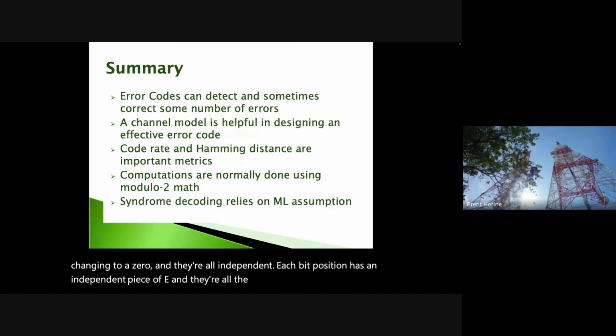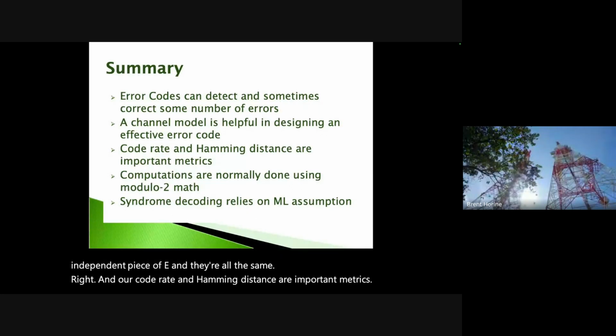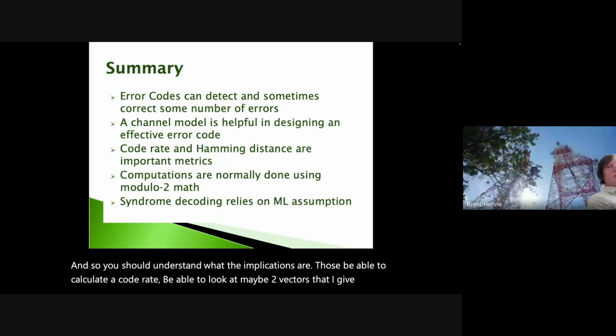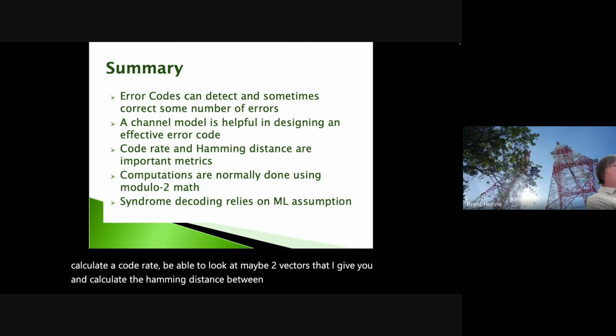And our code rate and Hamming distance are important metrics. You should understand what the implications of those are, be able to calculate a code rate, be able to look at maybe 2 vectors that I give you and calculate the Hamming distance between them, right? So you look at how many bit positions are different and sum those up.